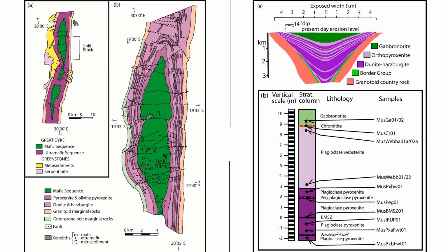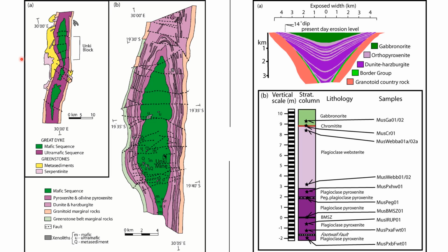So here we have a couple more maps and models. On this side here we have a mine map for the Anuki mine. This shows the geology of the north central zone of the Shurugwi subchamber that has a good overview of the geology of the dike.